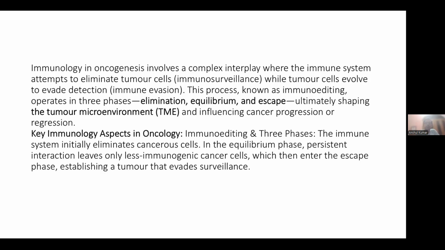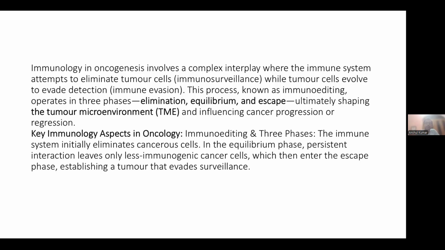In any immunity we see, it is basically the same: the foreign particle or any abnormal part of our body will try to escape the immune system, whereas the immune system will try to recognize it and destroy it.